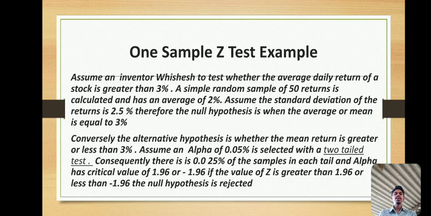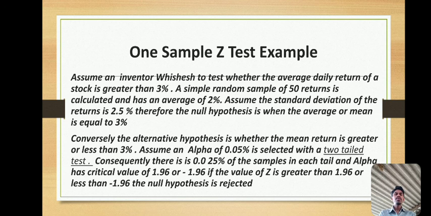One sample Z-test example. Assume an investor wishes to test whether the average daily return of a stock is greater than 3%. A random sample of 50 returns is calculated and has an average of 2%.